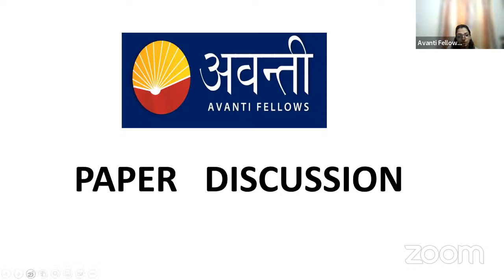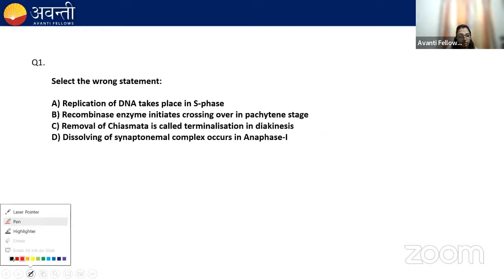Let's start with question number 1, which says select the wrong statement. Option A is replication of DNA takes place in S phase. B is recombinase enzyme initiates crossing over in pachytene stage. C is removal of chiasmata is called terminalization in diakinesis. D is dissolving of synaptonemal complex occurs in anaphase 1.